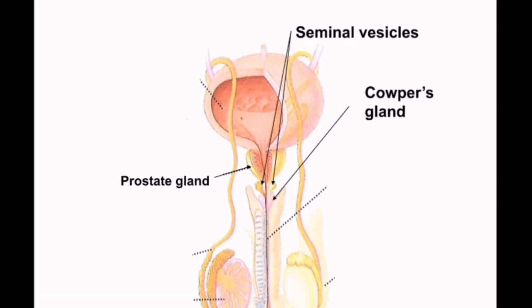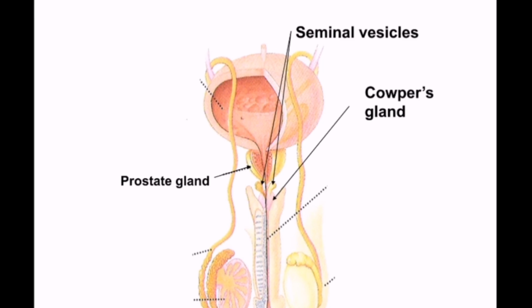If we look at a frontal view of the male reproductive system, you can clearly see the seminal vesicles on either side of the urethra, the prostate gland, the big round thing just underneath the bladder, and then Cowper's gland.